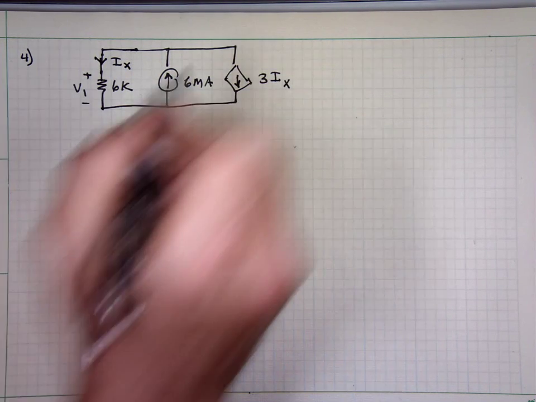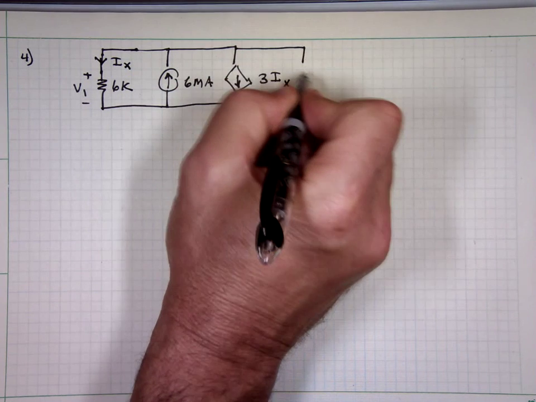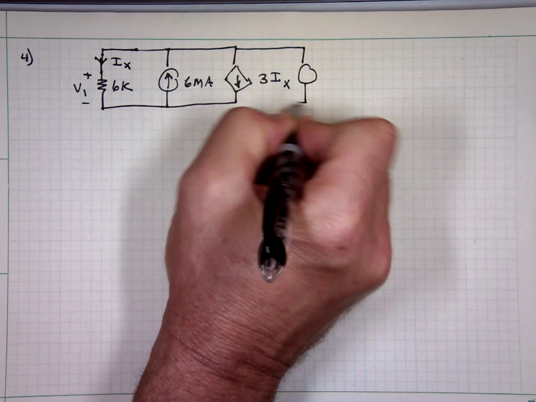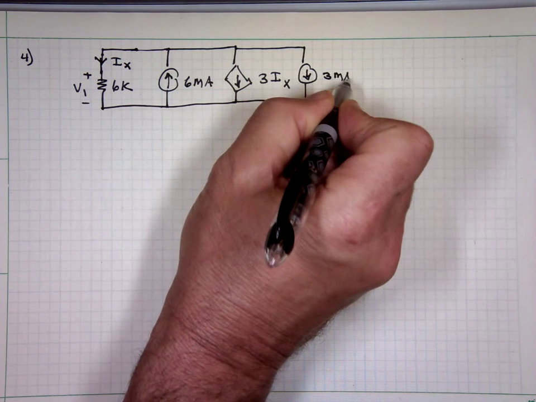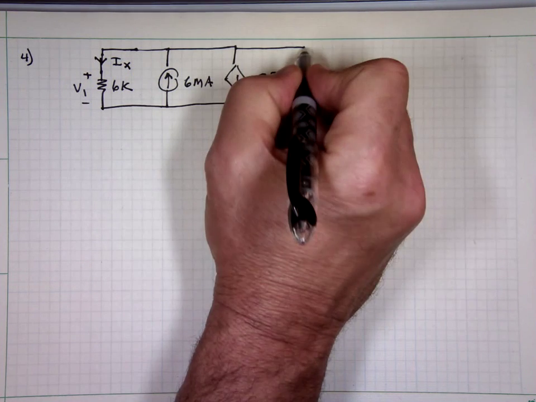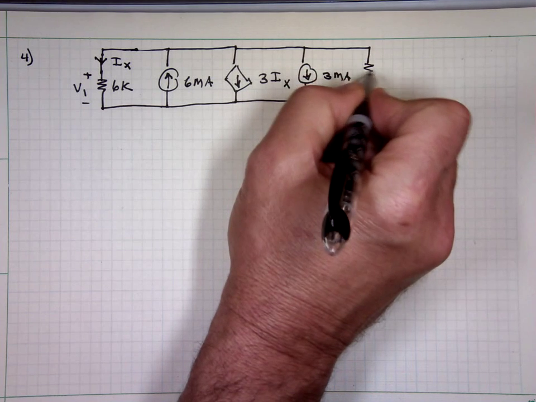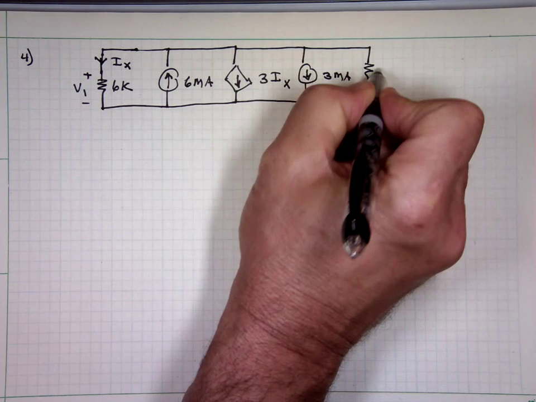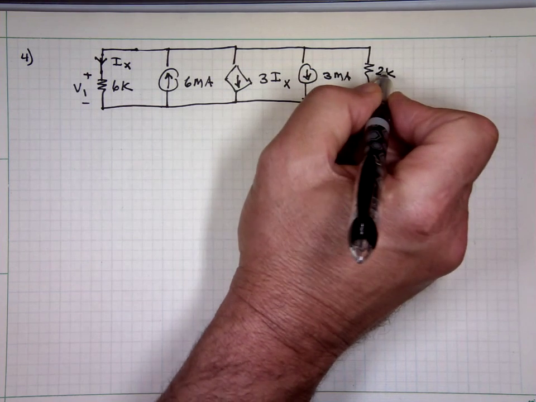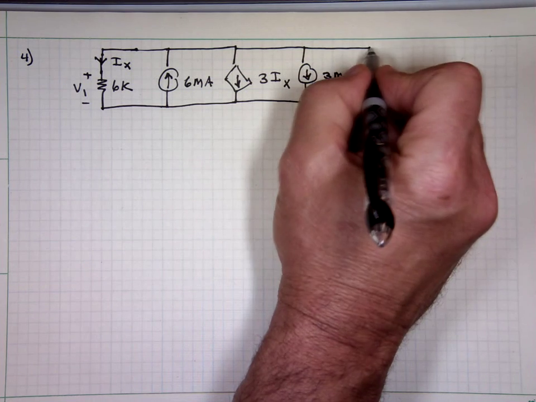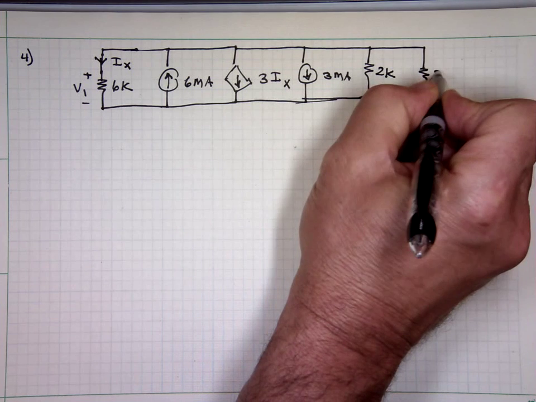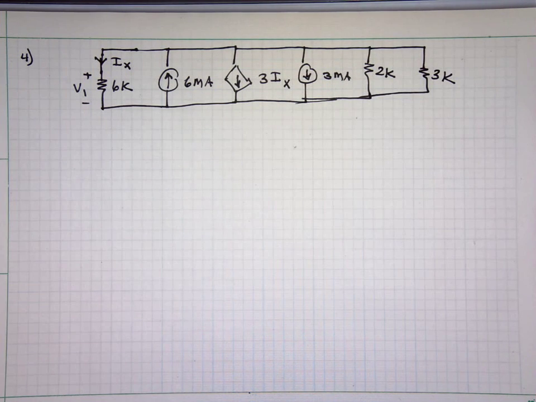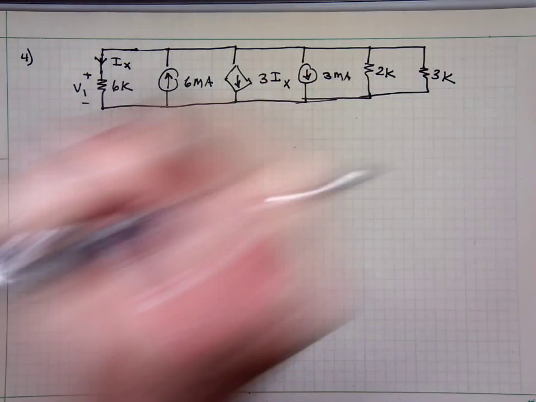We have 3 milliamp, 2K, and 3K. And the question, what is I sub L? This is I sub L.